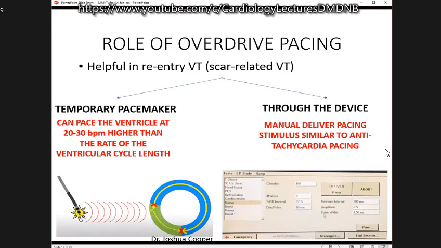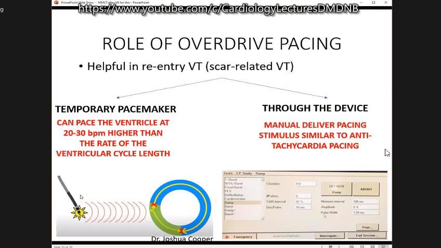So if you have a pacing stimulus, be it a temporary pacemaker or an ICD lead, a correctly timed stimulus, if it meets the front end of this excitable gap, you can extinguish the wave front antegradely, and retrogradely it meets the refractory tissue, and this can abolish the circuit. So this is how overdrive pacing works.